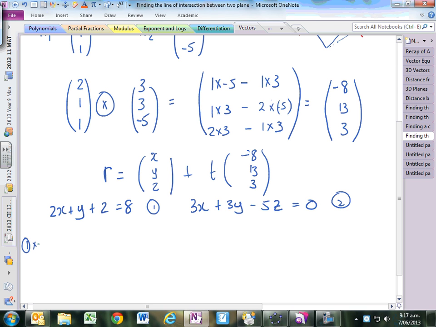Okay. Let's take equation 1 multiplied by -3. We're going to get minus 6x minus 3y minus 3z equals minus 24. And then I've got the other equation, which is 3x plus 3y minus 5z equals zero.